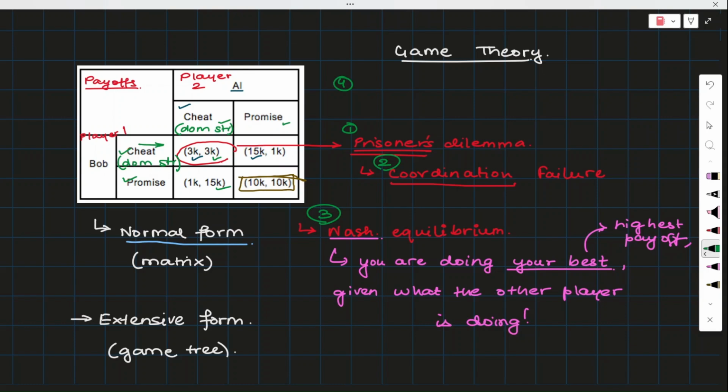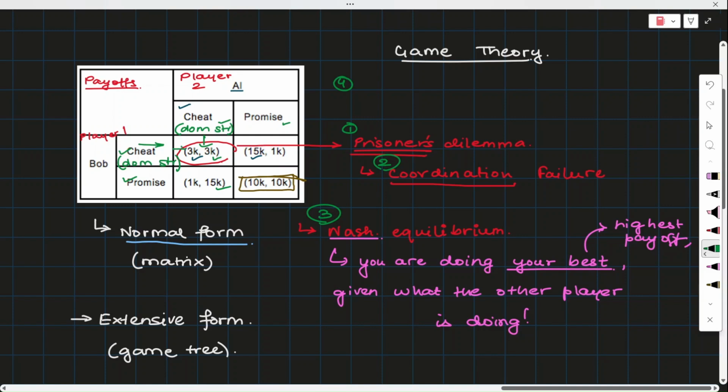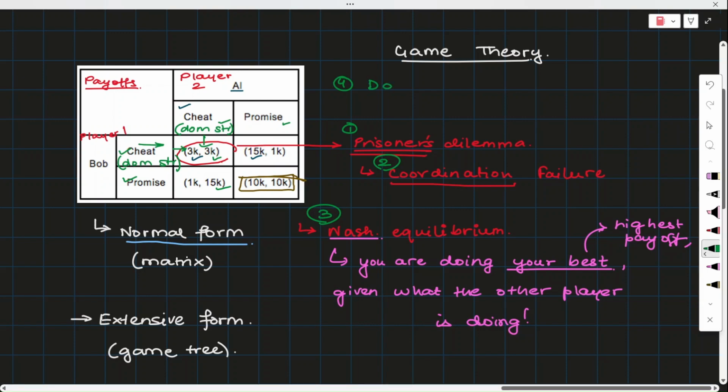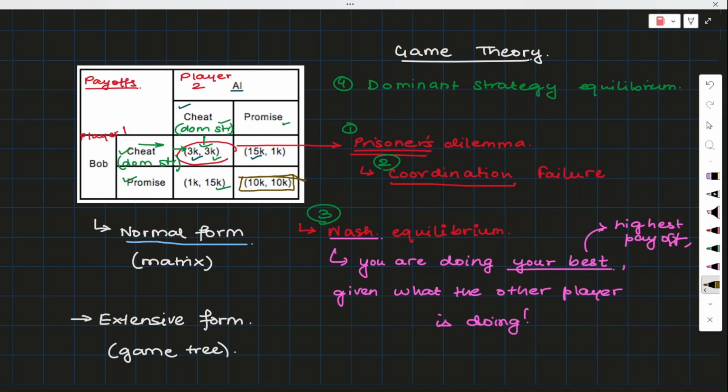So you can see that the final equilibrium that we get is actually the point of intersection of these two dominant strategy columns and rows. So basically the equilibrium that we have is also called the dominant strategy equilibrium or the equilibrium in dominant strategy. Both these terms are used, but that is basically the main idea. One thing that I want you to remember is, do not get confused.